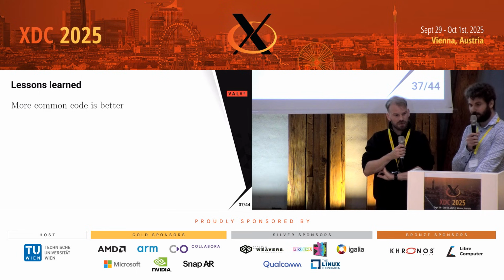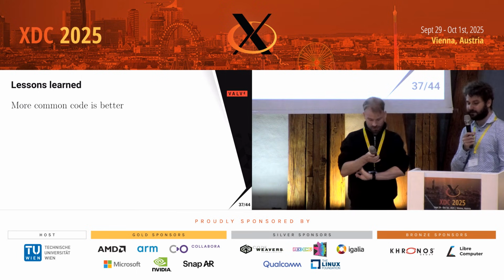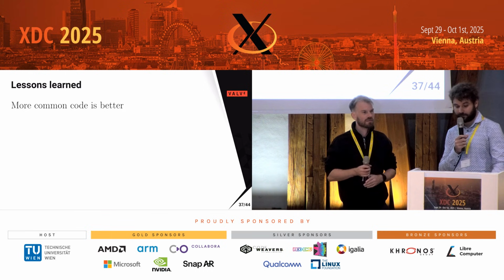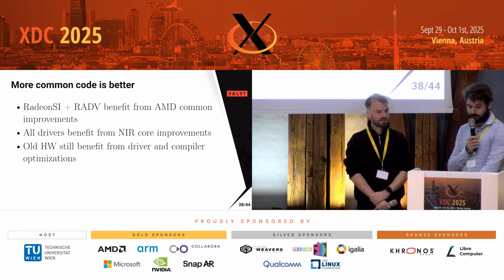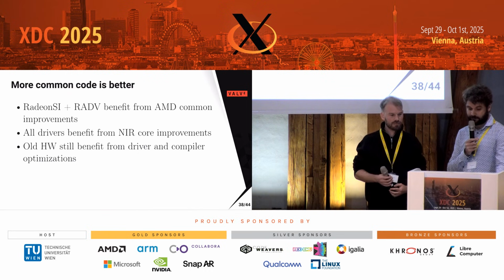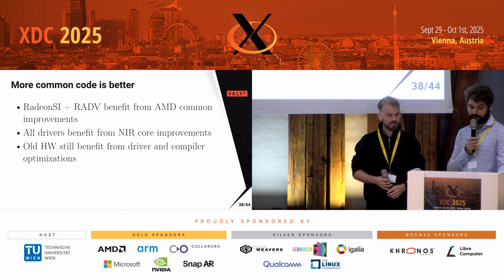The other lesson is the more we can do in common code, the better. Simply because it reduces the amount of code that we have to maintain, not just us, but basically for everyone. So from the improvements that we did, both AMD drivers benefit, but not only that, also for the stuff that we put in NIR core, all the Mesa drivers benefit.